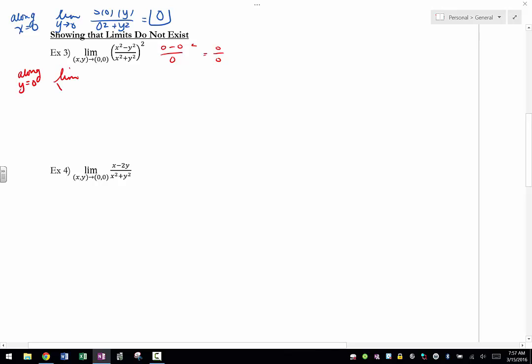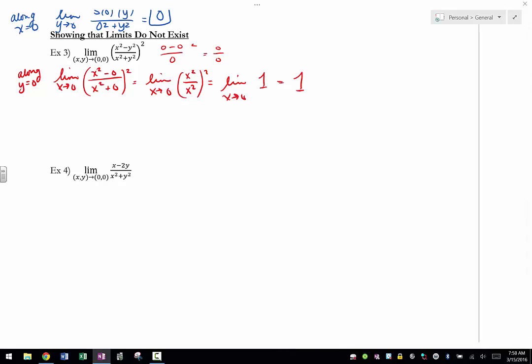So I'll have the limit as x approaches 0 of x squared minus 0 over x squared plus 0, all squared, which is the limit as x approaches 0 of x squared over x squared squared, which is the limit as x approaches 0 of 1, which is 1. Cool. All right, I got 1 for my limit. Well, now let's try another path.